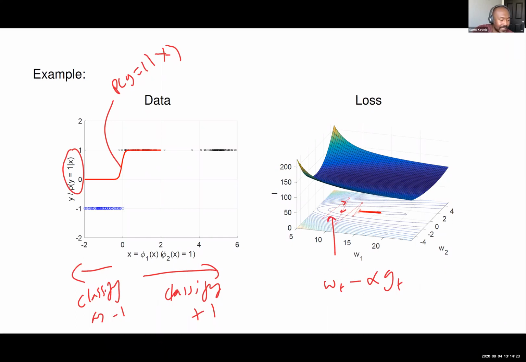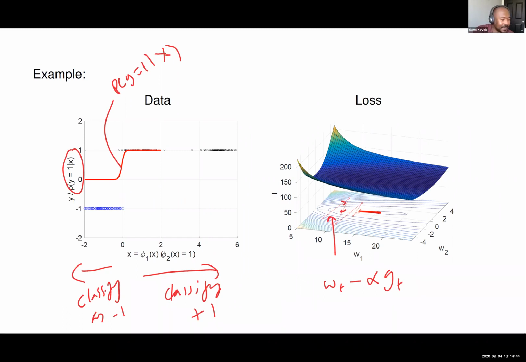It's worth emphasizing that choosing the right alpha can make a big difference. If alpha is too big, then you can essentially go pretty wild and it can take an extremely long time to converge.